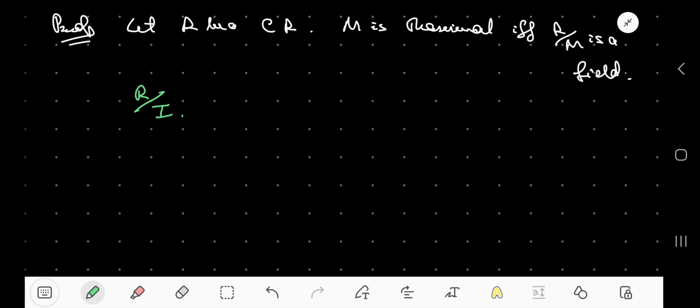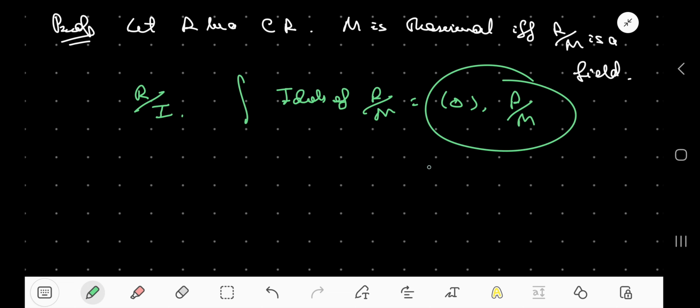Therefore, if M is a maximal ideal, then the ideals containing M in R are only R and M, right? Therefore, the ideals of R mod M should be just 0 or R mod M, but that necessarily means that R mod M is a field, and all these statements are equivalent. Clear? So this is a very easy proof.